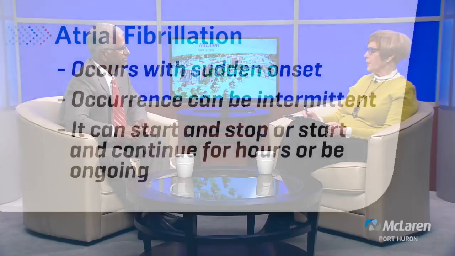So which makes me wonder, how can you diagnose it? Well, if they are having symptoms, if they come to the office and they're in atrial fibrillation, with the EKG we can find out. But if it happens intermittently and the symptoms come only from time to time, then we have to use a different kind of monitor to diagnose them. The monitors could be what we call event monitors.